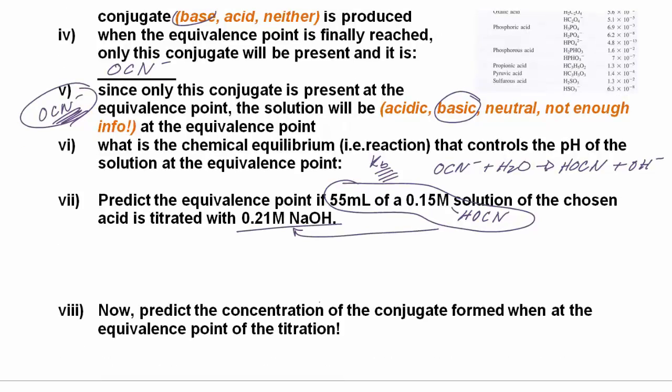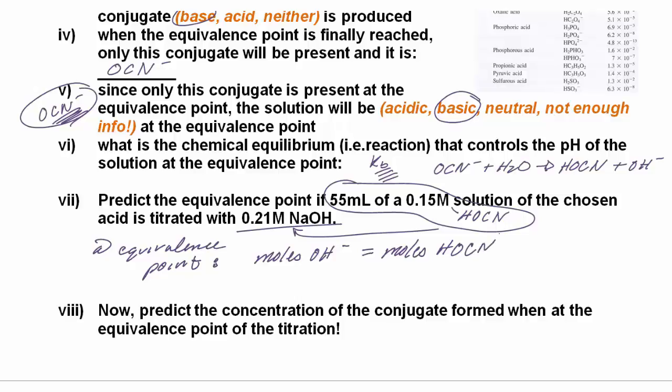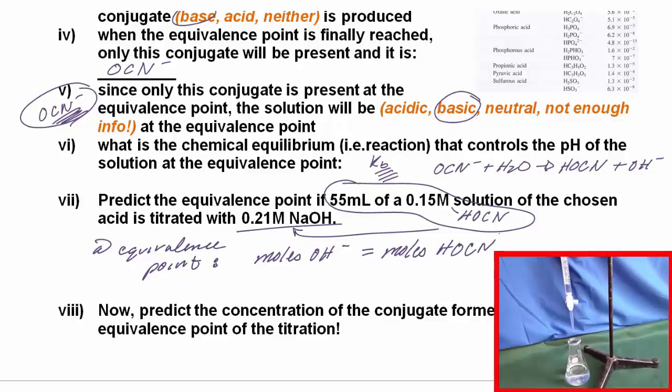Okay, remember at the equivalence point, it's the trick to doing this. At the equivalence point, the moles of hydroxide has to equal the moles of the acid that we're titrating. It has to equal the same.